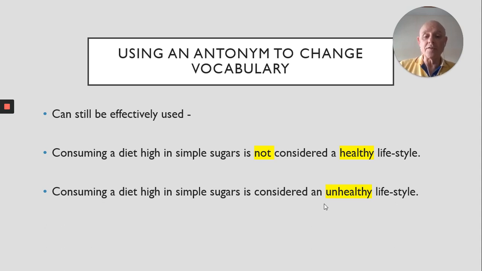Consuming a diet high in simple sugars is not considered a healthy lifestyle. Since I'm changing healthy to the negative unhealthy, I'm going to remove the negative from the sentence. Consuming a diet high in simple sugars is considered an unhealthy lifestyle. That's fine. There's no change of meaning here, so this is an effective use of antonym.